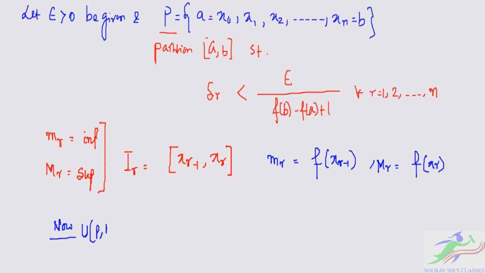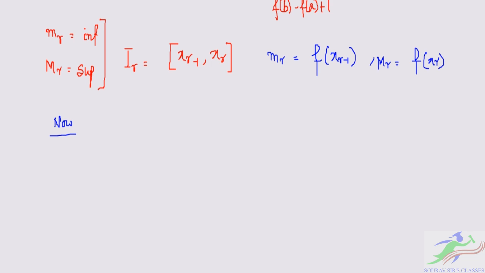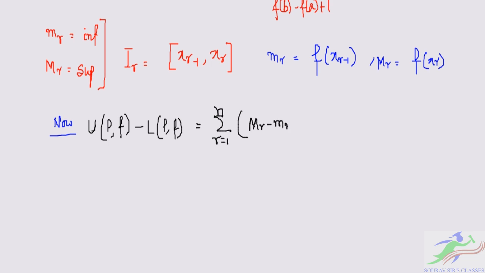Now the upper bound U of p comma f minus the lower bound L of p comma f. Here p is the partition and f is the function. So U of p comma f minus L of p comma f is equal to the summation from r equal to 1 to n of Mr minus small mr times delta r.